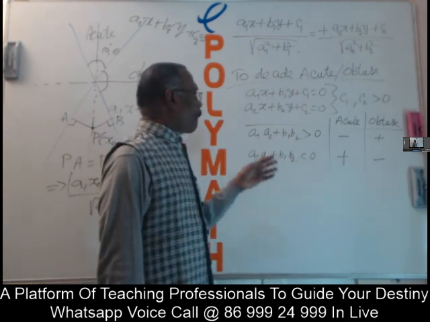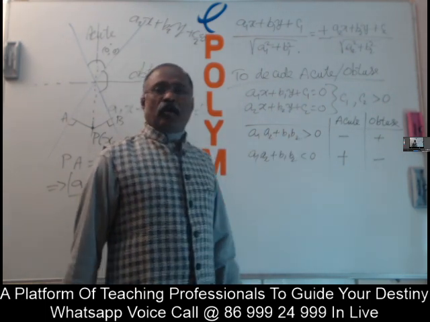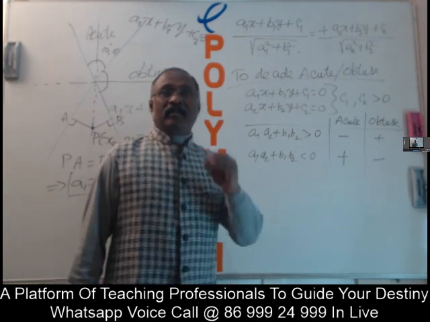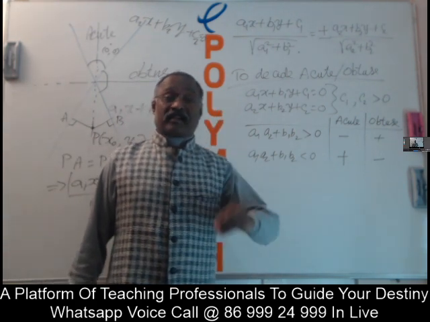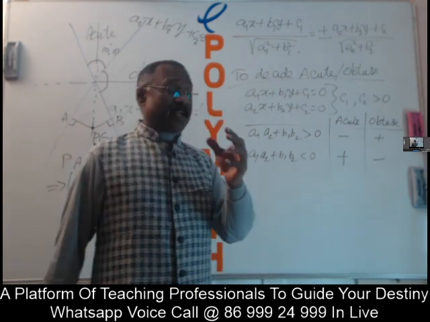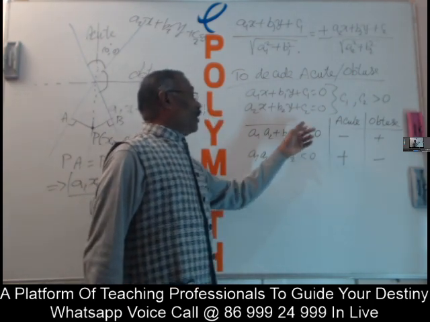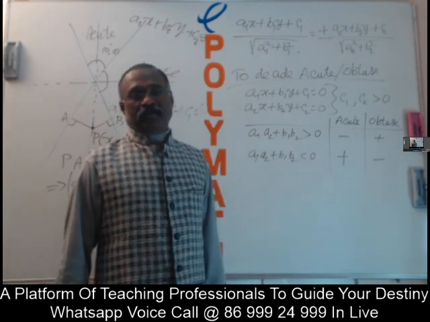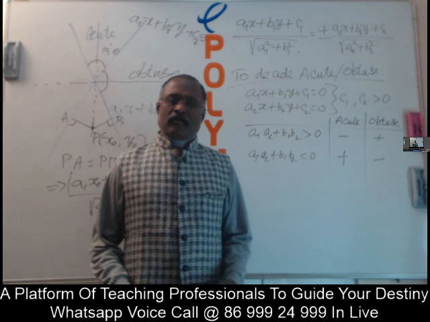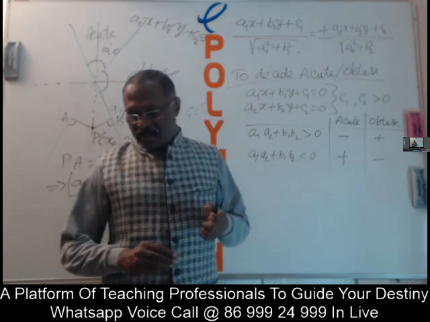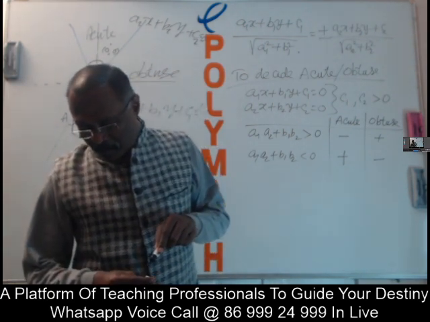I will show you that again. If A1, A2 plus B1, B2 is greater than 0, then plus will give you the angular bisector containing the origin. Then minus will give you the one not containing the origin. The same concept. Okay. This is about the angular bisectors.